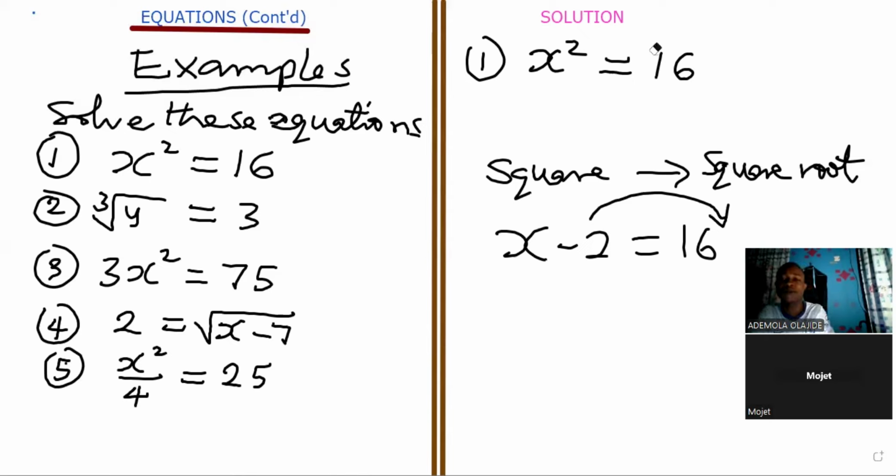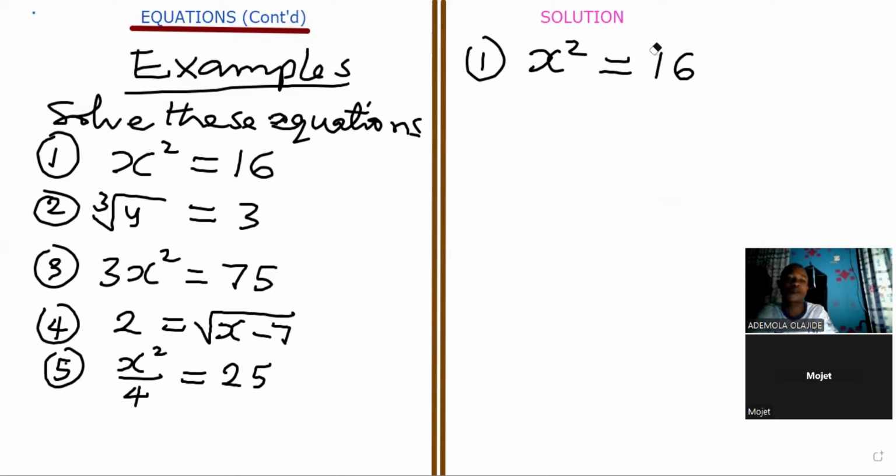Is it clear? Since you know it's square root, you will tell me: take square root of both sides.